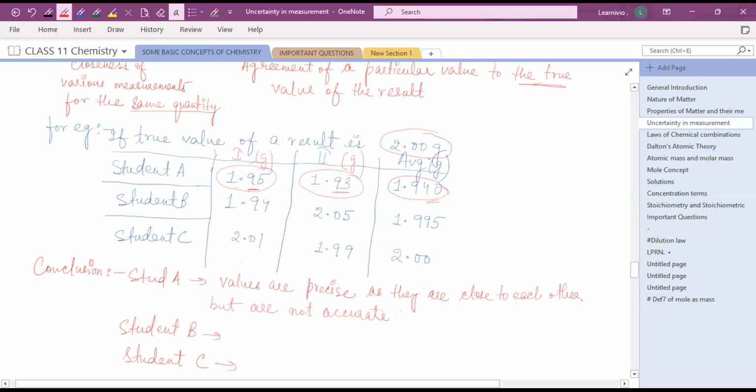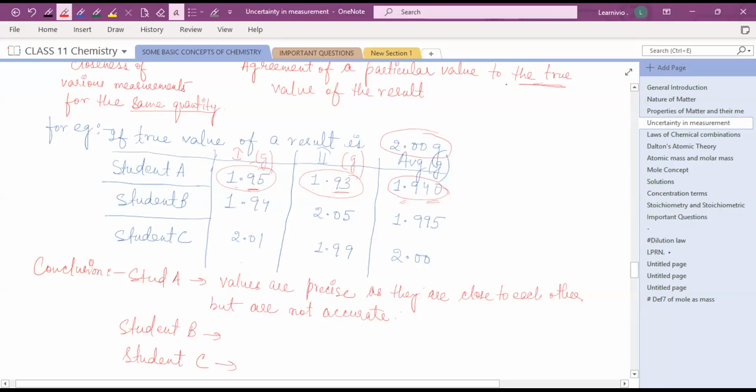When is it accurate? When it is exactly the same. Because, as I told you, for accurate results we just have to see the average of these results and match this average to the true value. If the average result equals the true value, then only it is accurate.